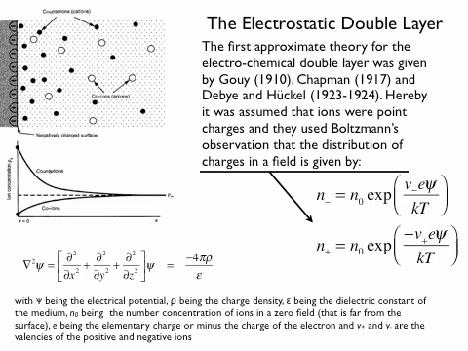For this particular type of system, it is -4 times pi times the charge density over epsilon. Epsilon in this case could also be epsilon 0 times the relative permittivity. For water, that would be 78 point something, if I remember correctly. Might be wrong there.